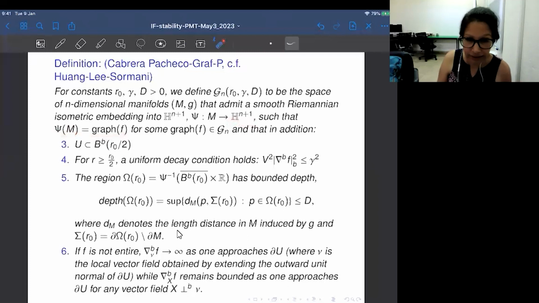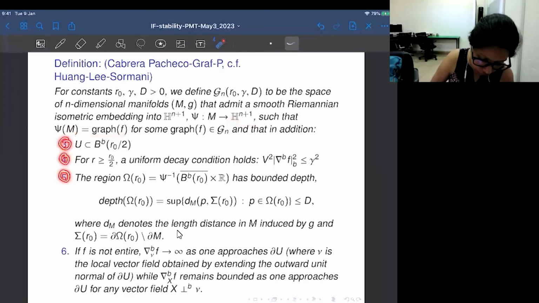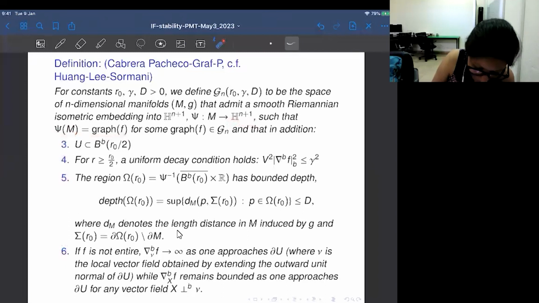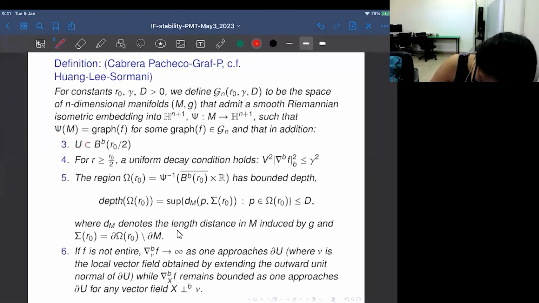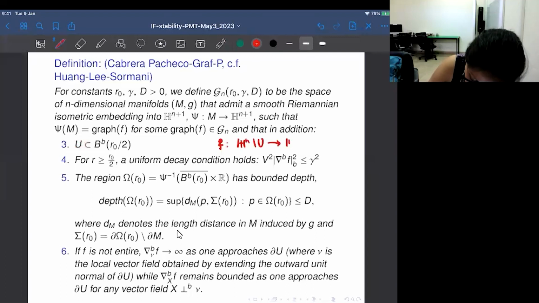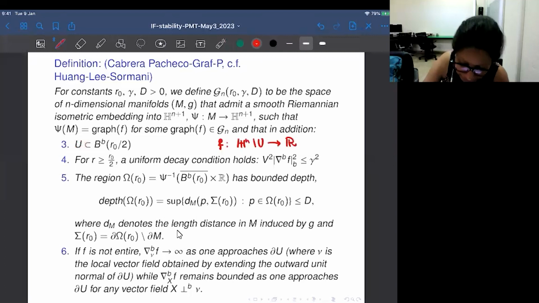And besides the conditions that Cabrera Pacheco put on these manifolds, we are going to require other conditions. Okay, so let me read these conditions. First of all, we want the set U. Remember that the function f is defined on Hn minus the set U. And given a function f, there is a set U.